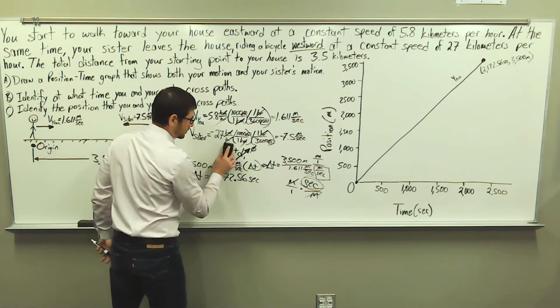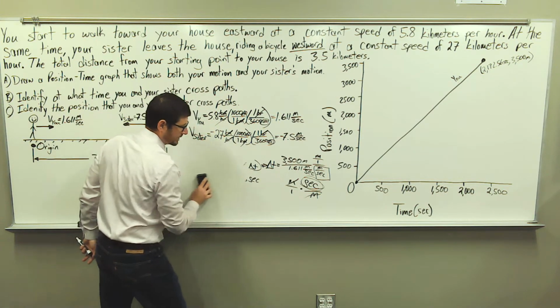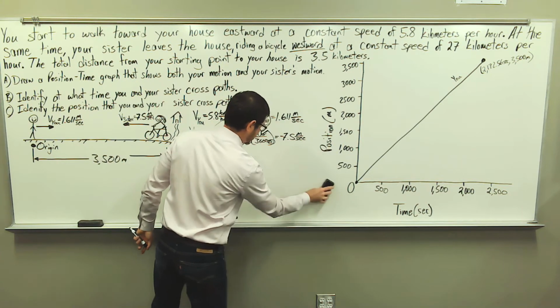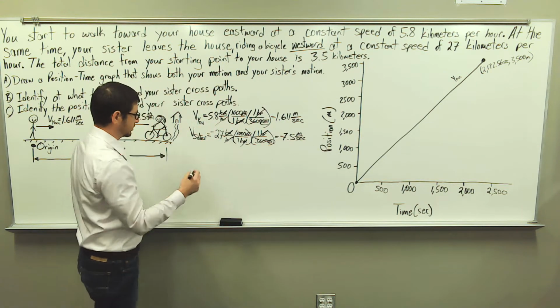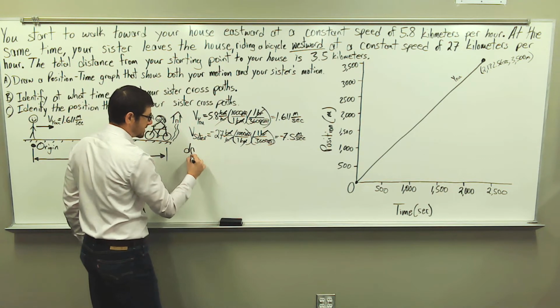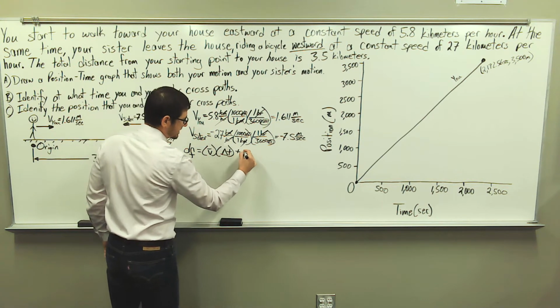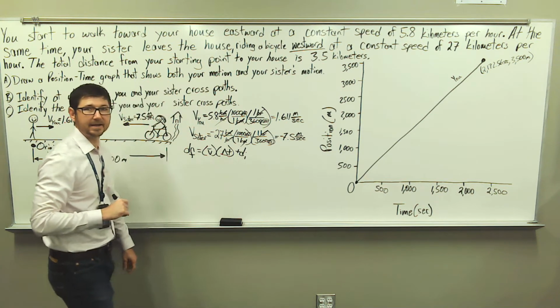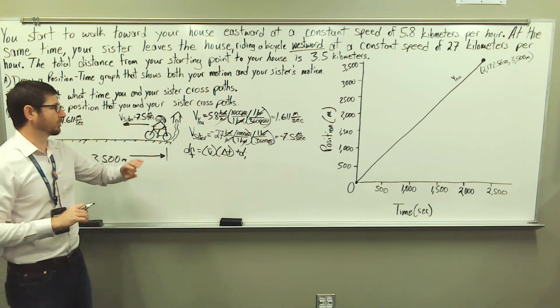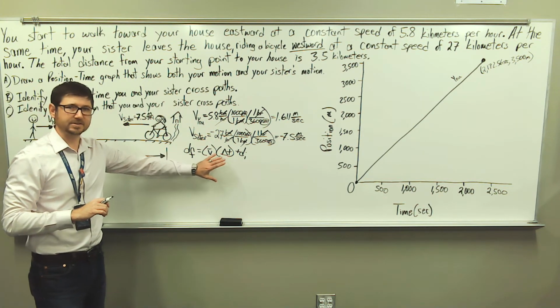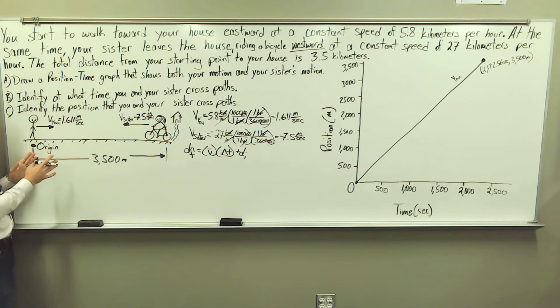So, I'm going to free up some room here. All right, once again, we're going to use d sub f is equal to v bar delta t plus d sub i, okay? Now, before I plug any values in and start talking about your sister, what I want to do is take a look at our graphic that I've drawn up here.